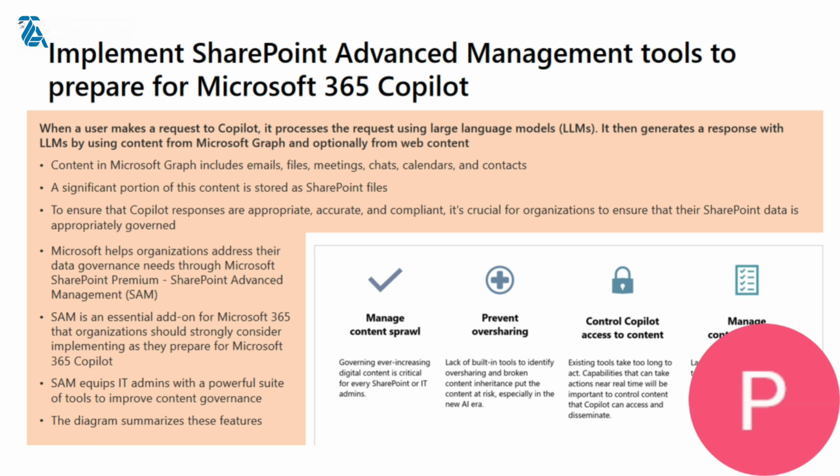Basically, we need to understand processing the user request using LLMs. So what are LLMs? LLMs are large language models, which are AI-driven algorithms designed to process and generate human-like text. Copilot leverages these models, right?